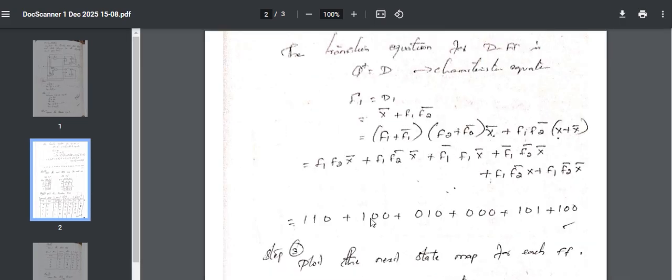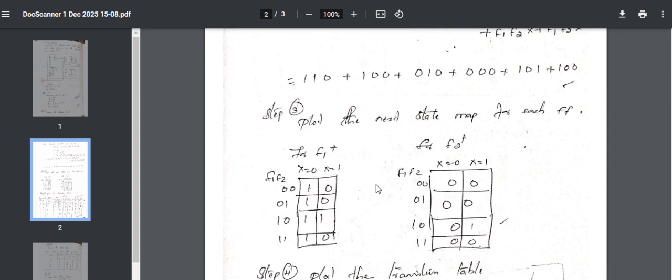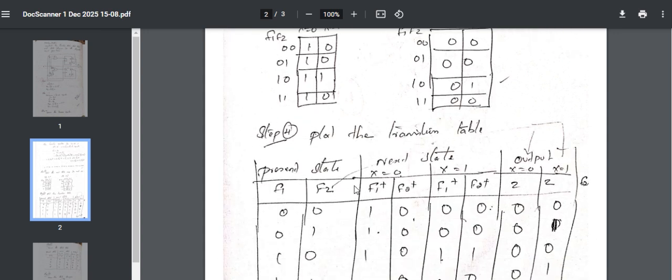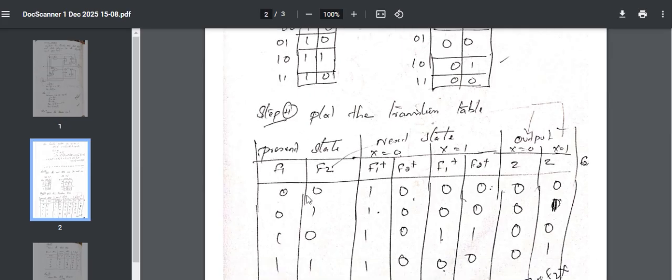For the transition table, we need to make the present state and next state. Present state is nothing but F1, F2, two inputs. You're just writing the two input combinations 0 0, 0 1, 1 0, 1 1. Next state comes for two inputs, x equal to 0 and x equal to 1. So when x equal to 0, what is the next state? When x equal to 1, what is the next state?